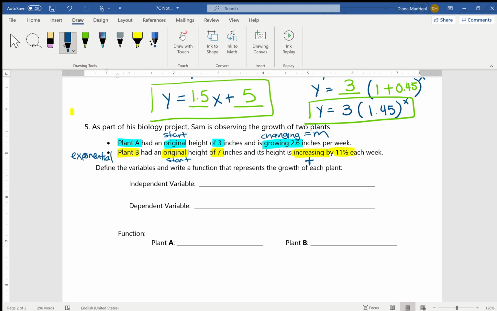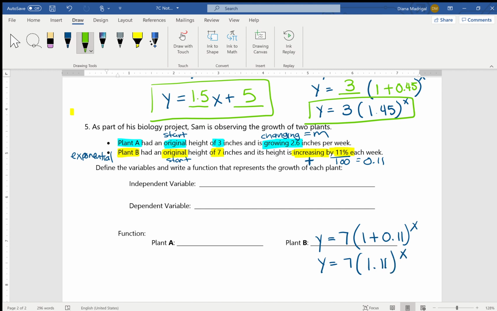So I'm going to write plant B. I'm increasing by 11, and 11 divided by 100 gives me 0.11. So y equals, the starting is 7, 1 plus, because of the word increasing, 0.11, to the power of x. Finally, it's going to be 7 times 1.11 to the power of x.